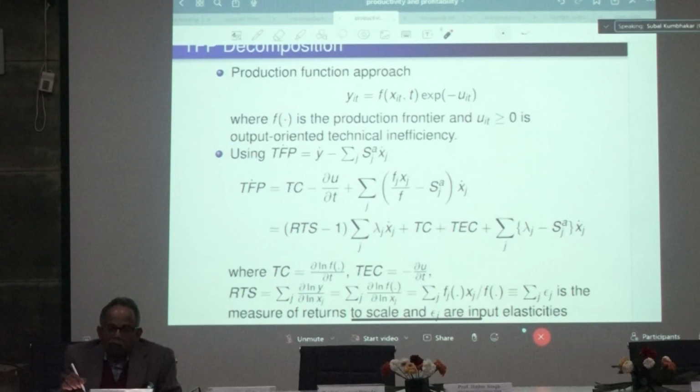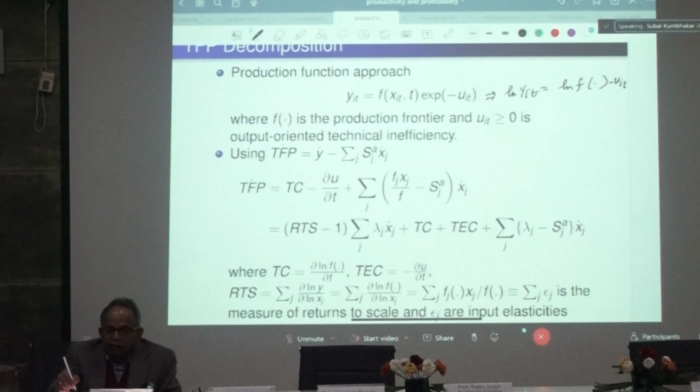Then what you do is take a derivative of this, what we call the total derivative or total differential, with respect to time. So you take a log of this. This means log of y_it is equal to log of f minus u_it.